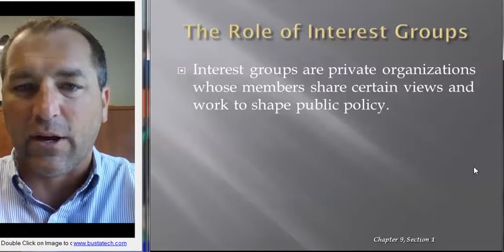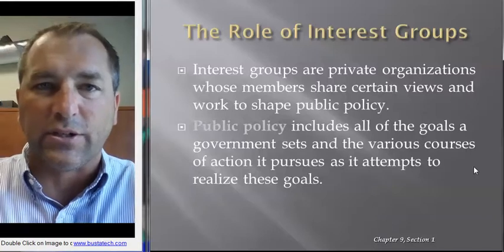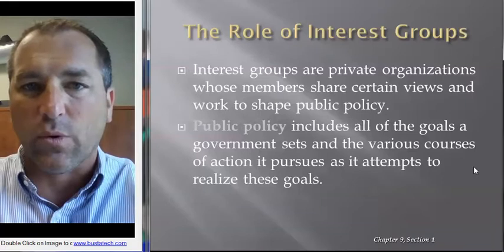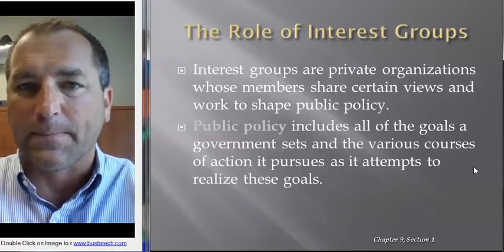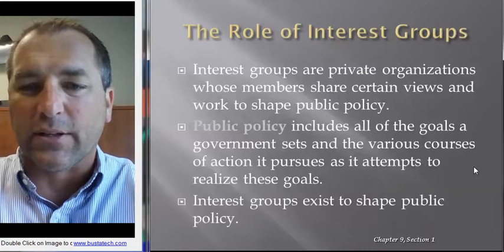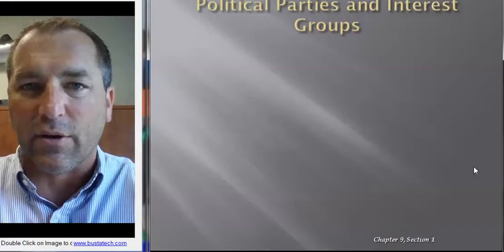So many are of economic nature, some are public interest, perhaps saving the environment or cleaning the air or some such thing, and they are pushing for public policy to shape their interests.